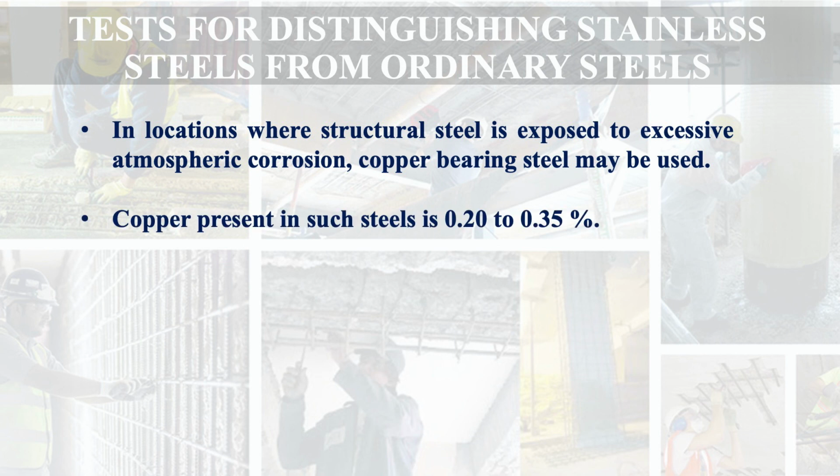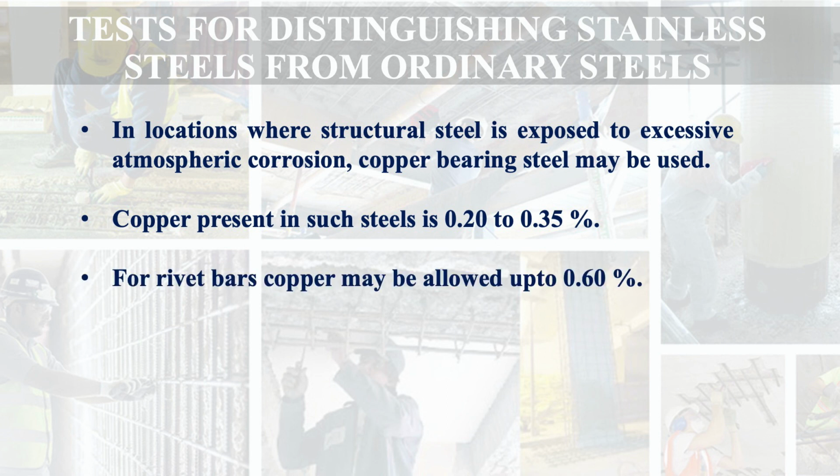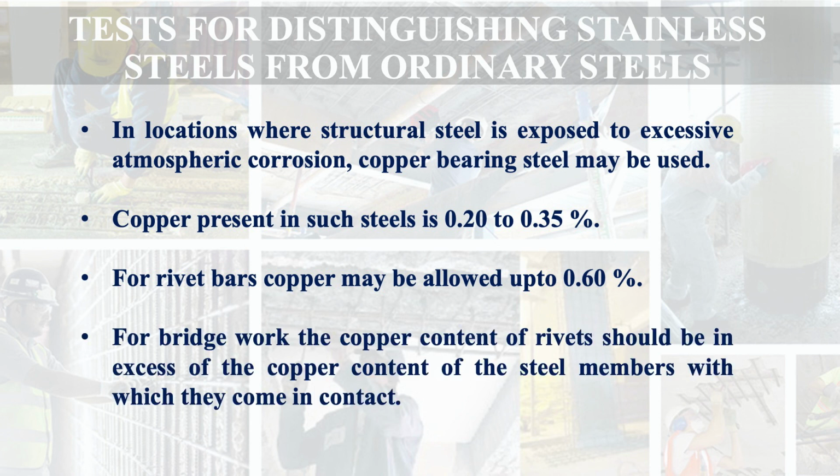Copper present in such steels is 0.2 to 0.35%. For rivet bars, copper may be allowed up to 0.6%. For bridge work, the copper content of rivets should be in excess of the copper content of the steel members with which they come in contact.